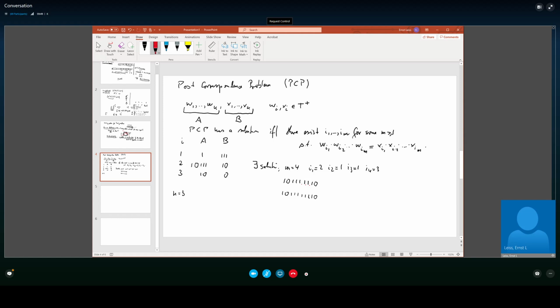So we have 2, which ends here, and then I2 is 1, which is 3 1s. Another 3 1s, and then this. And so if you now look at this, then obviously these match up. These are exactly the same. So this has a solution.